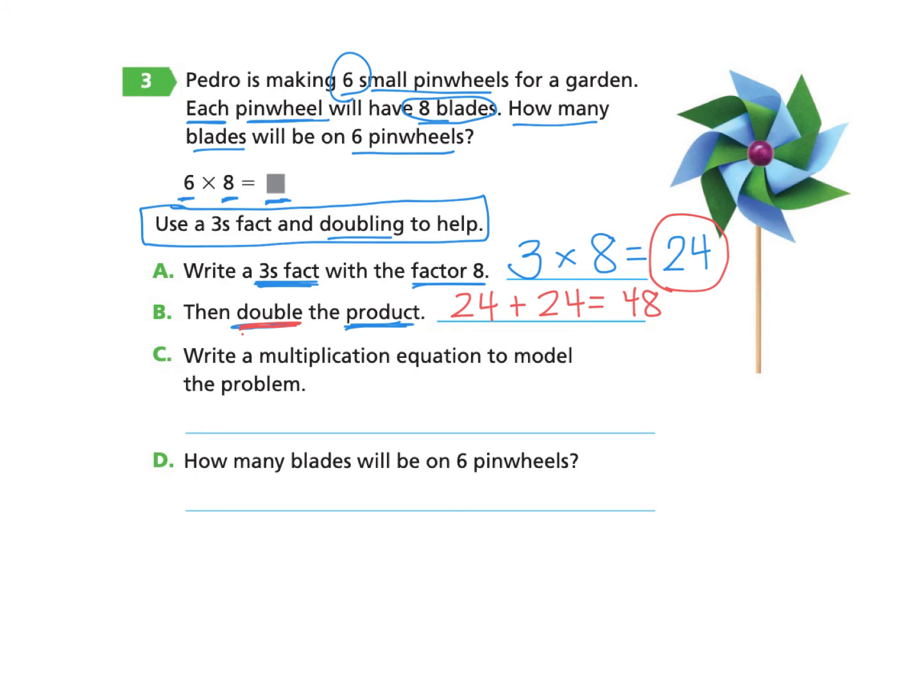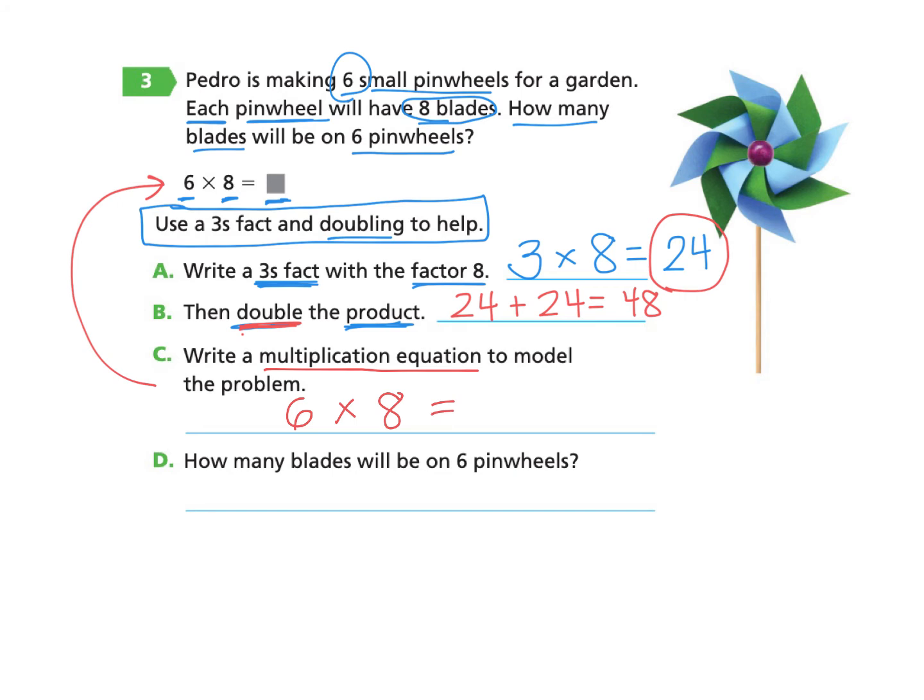Part C asks us to write a multiplication equation to model the problem. Again, they have already modeled that problem for us here, but we can confidently say that we know there are 6 pinwheels, and on each pinwheel there are 8 blades.